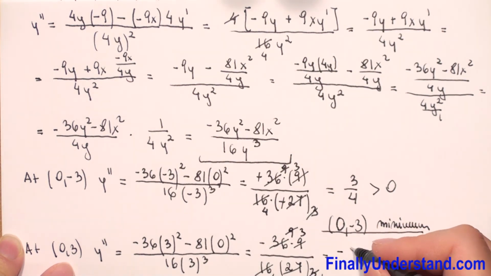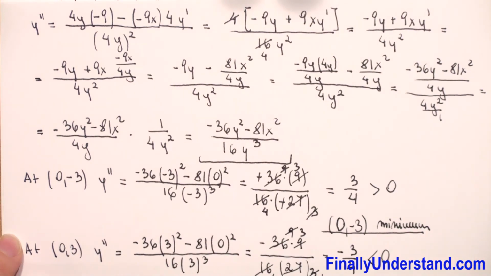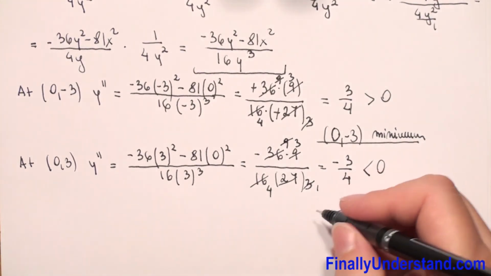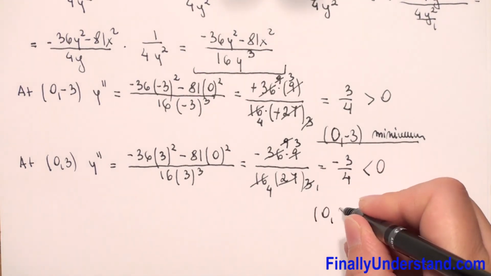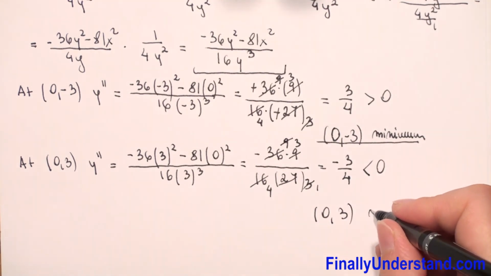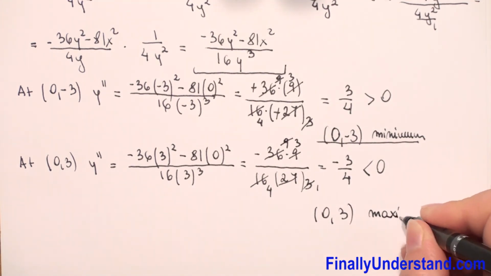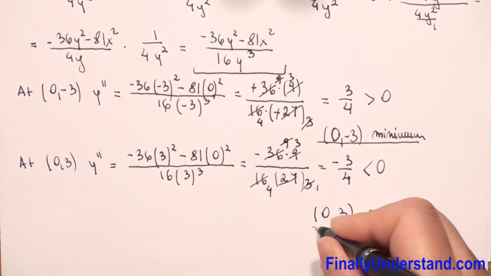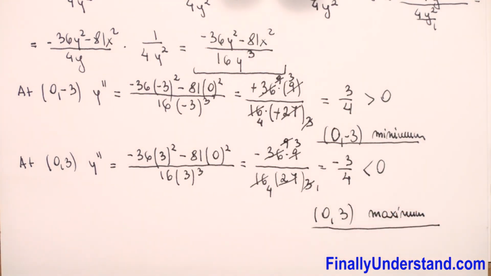So we have negative 3 over 4. We got negative number. It means at point 0, 3, we have maximum. So this is my solution.